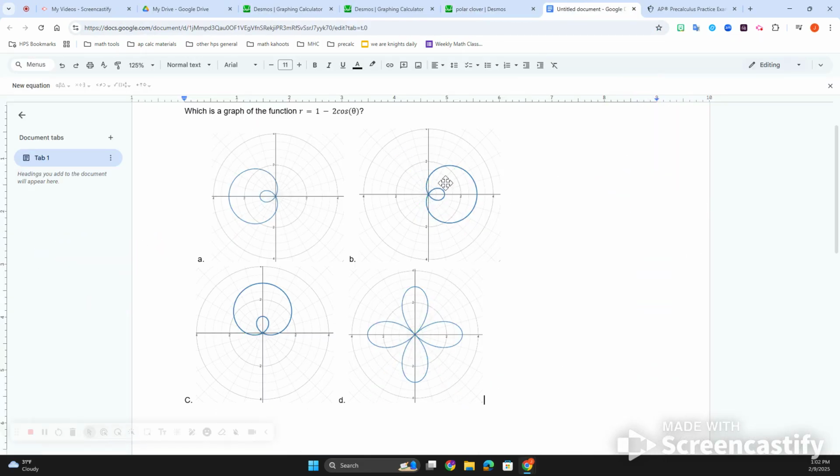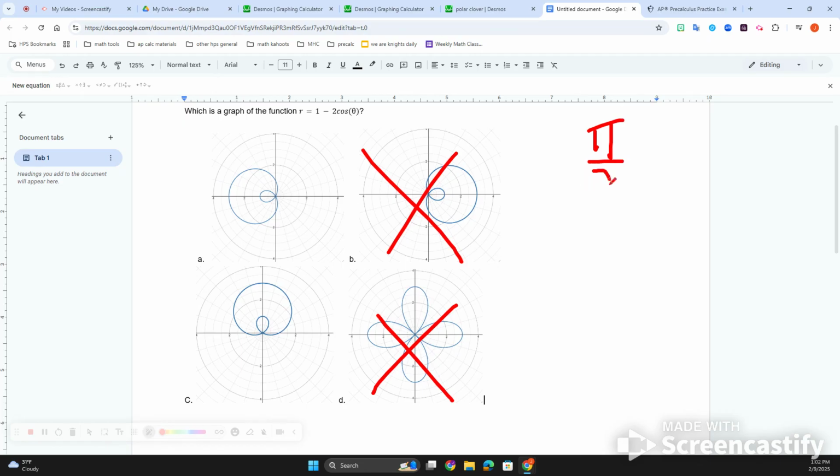We crossed out you and you. And we got pi over 2, comma, 1 minus 2 times 0, which is 1. So I need that point and I need that point. All right, so they're both good.